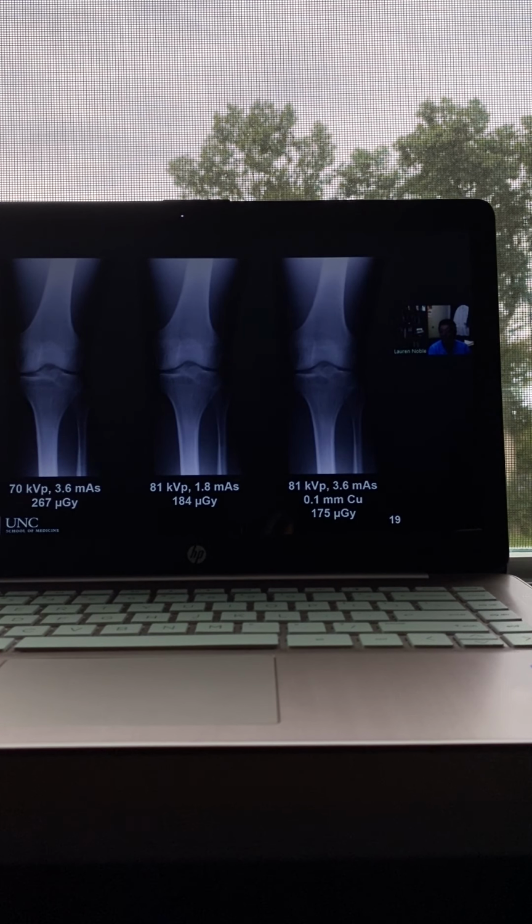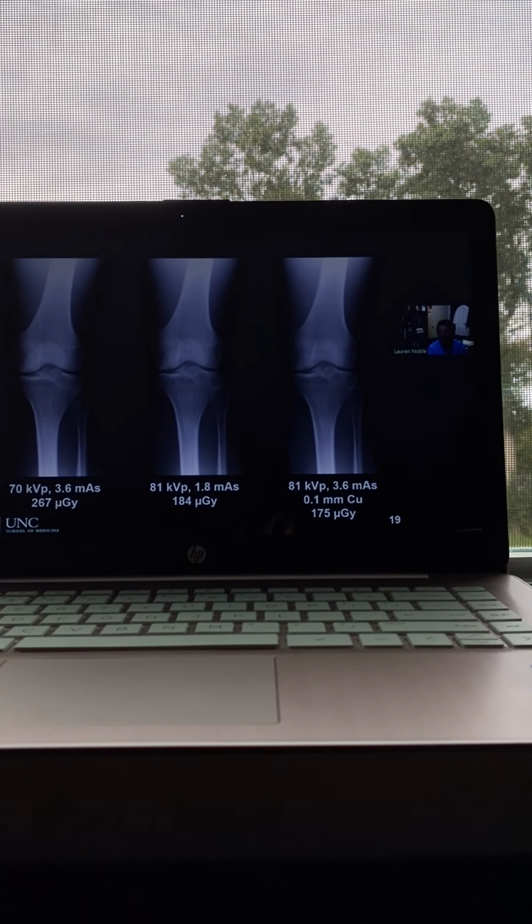And again, remember, with digital, the processing parameters, those algorithms, have more of an impact on the contrast than the kVp does. So I was able to use a higher kVp plus use this extra filter and end up with less patient exposure and have an image that looks just as good as this image here.